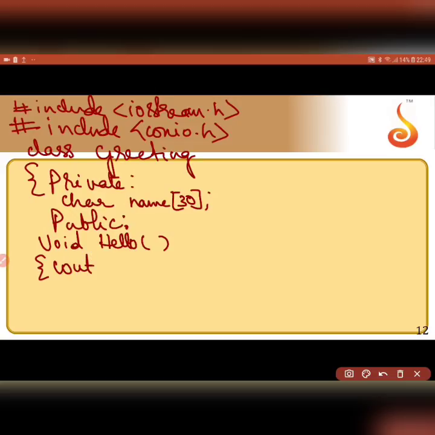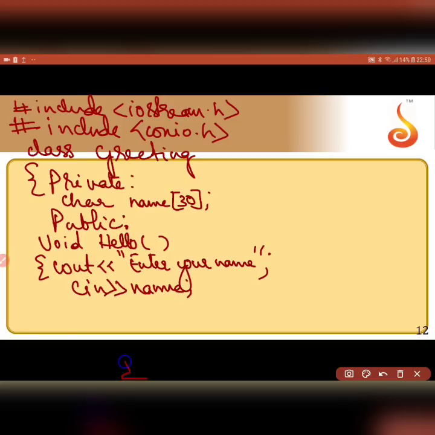So cout, enter your name, cin name. We will discuss cin.getline later. To begin with, let us take it with cin. So whatever name the user enters would be stored in the variable name.